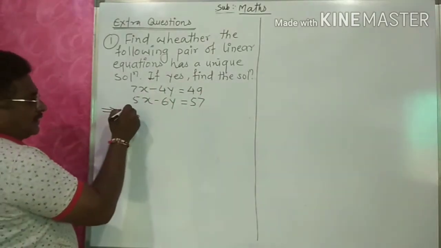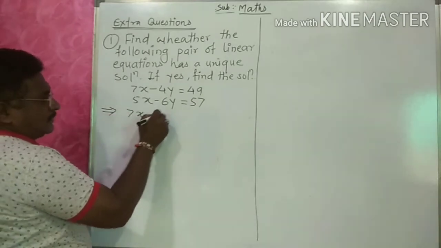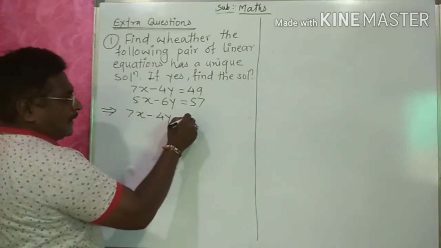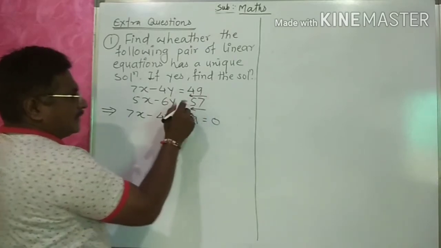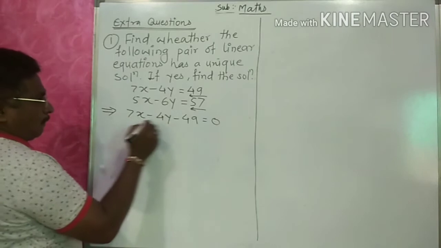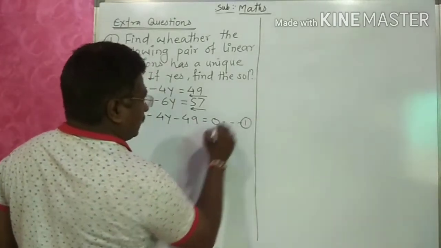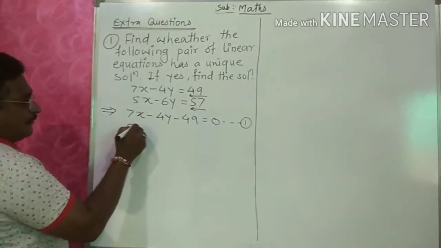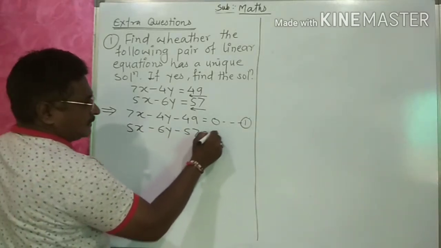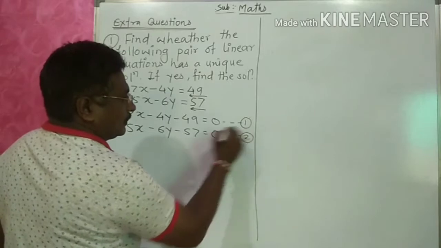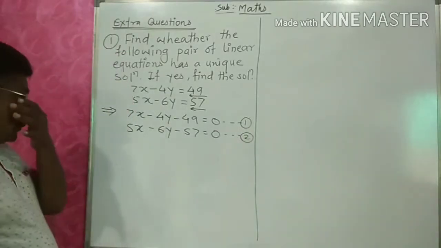So how to write the standard form? 7x minus 4y minus 49 equals to 0. These terms have to be transferred here. So this is equation number 1. 5x minus 6y minus 57 equals to 0. Equation number 2.